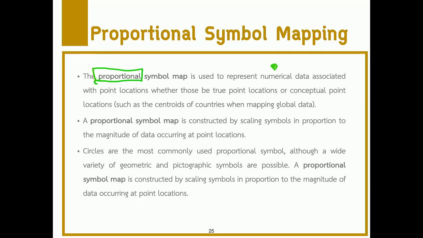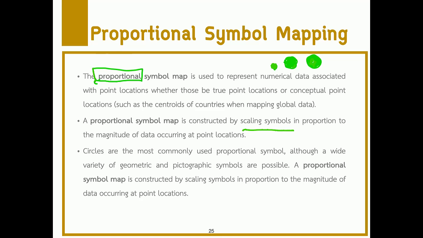So not only one point that can have the same size, but they can show the size varying with value proportions. In this case, it allows the user to recognize where they have the highest value, where they have the lowest value, by scaling symbols in proportion to the magnitude of the value. This one we call proportional symbols.